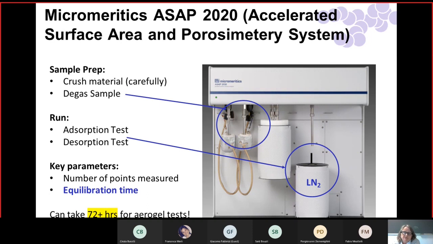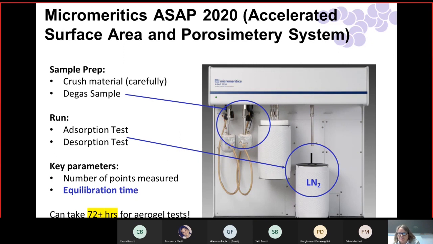And so there are some key parameters when you do a test like that. One is the number of points, which means the number of pressures. We do many measurements, 60 or 70 points. And then the other thing that's really important with aerogels is something called the equilibration time.